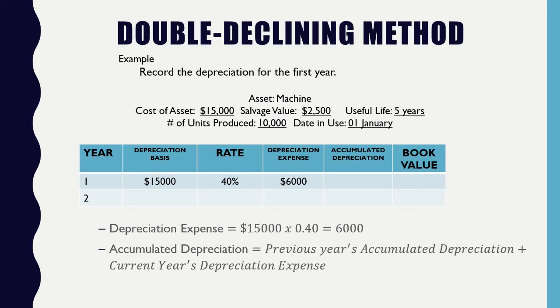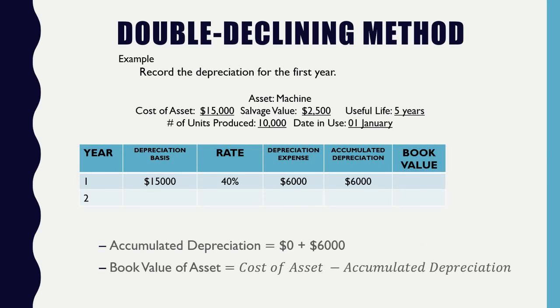So what's my accumulated depreciation going to be? That would be the previous year's, which is 0 since you just bought it, and the current year's. So that would give you 6,000 again. Perfect. Okay, and last but not least, how do we solve for book value?